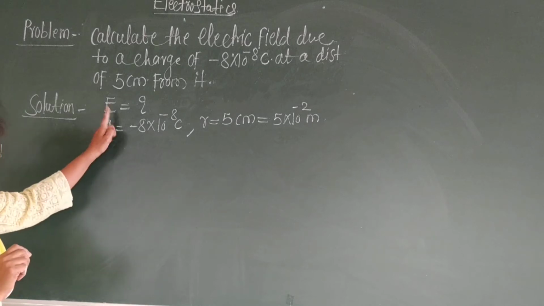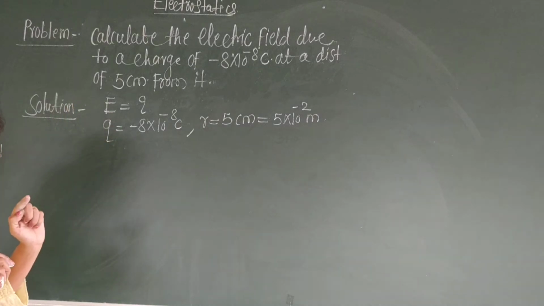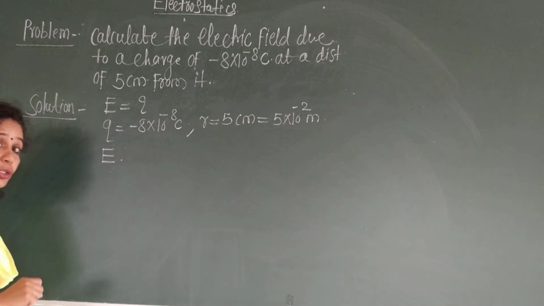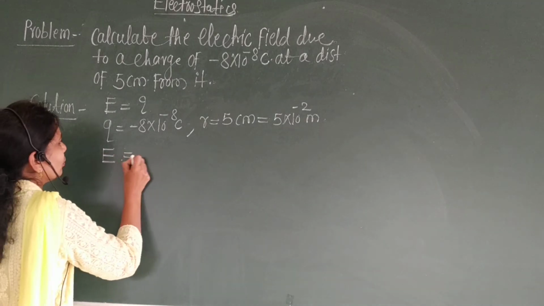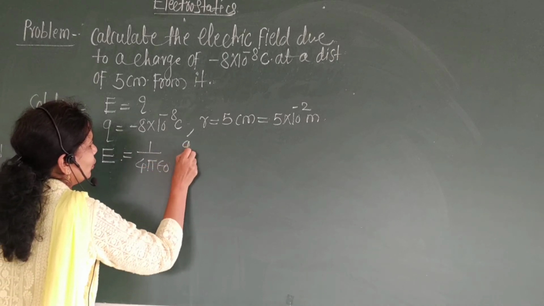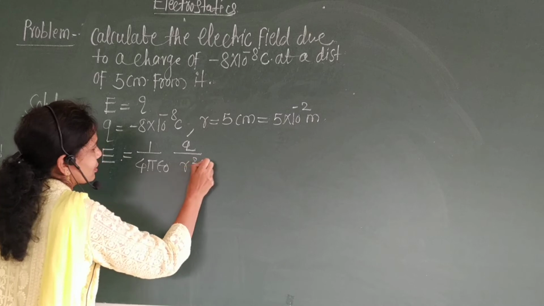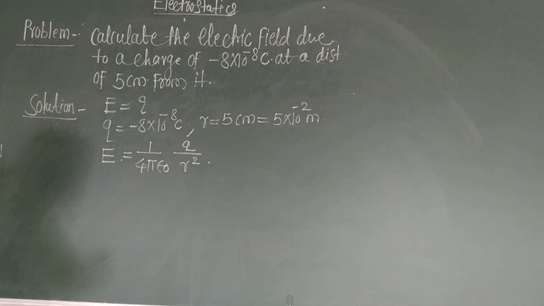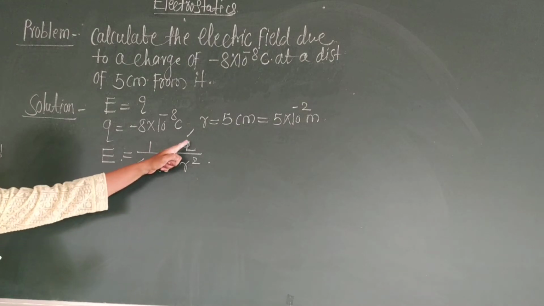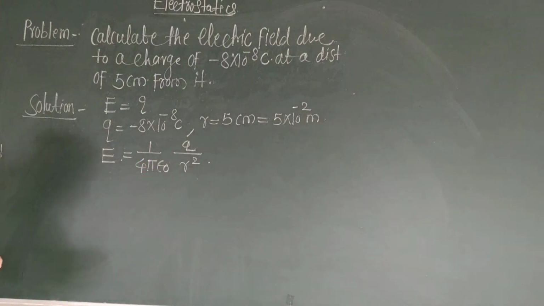Okay. Therefore, we have to calculate the E. Then, what is the electric intensity due to a point charge? E is equal to the 1 upon 4 pi epsilon 0 Q upon R square.